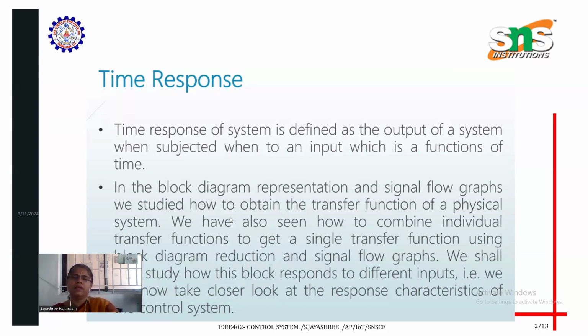In the same way, in this unit we are going to discuss the transfer function, but with various inputs. For example, what happens if a step input is given?